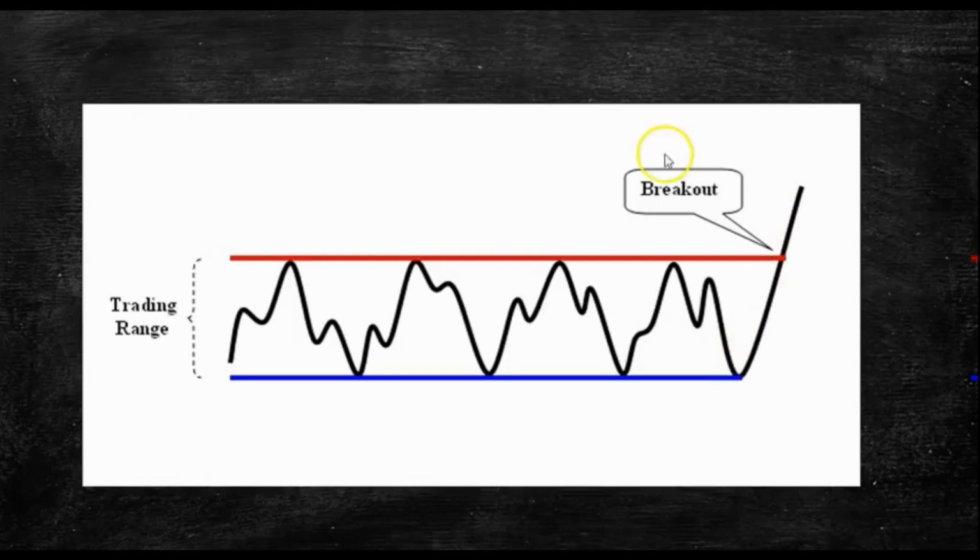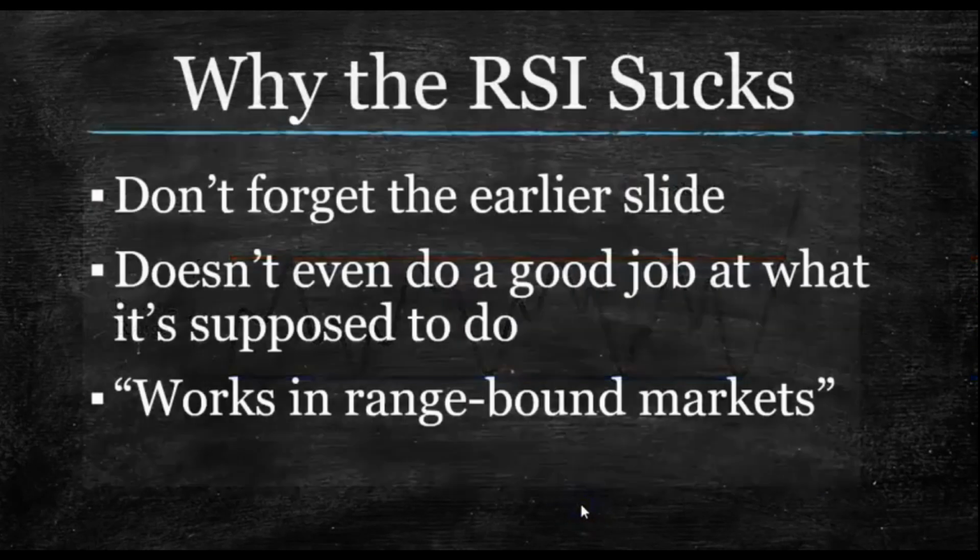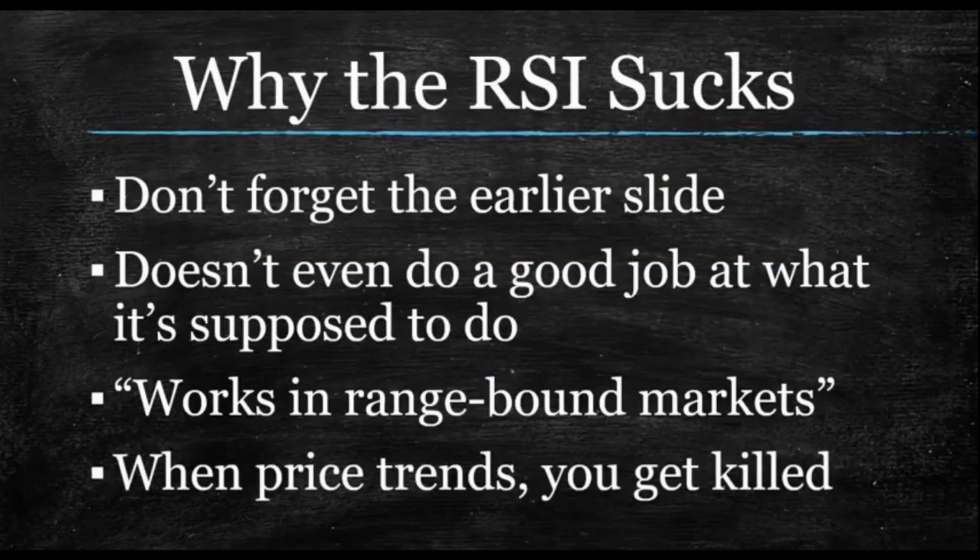And if you're trading a, quote, range-bound market, you are going to get smashed because when price does trend, and you're trying to use these reversal indicators, you get absolutely destroyed. Go watch that reversals video. If you ever want to know why price trends as long as it does sometimes, it's because there is an endless supply of reversal traders with their stochastics and their RSI trying to call reversals.